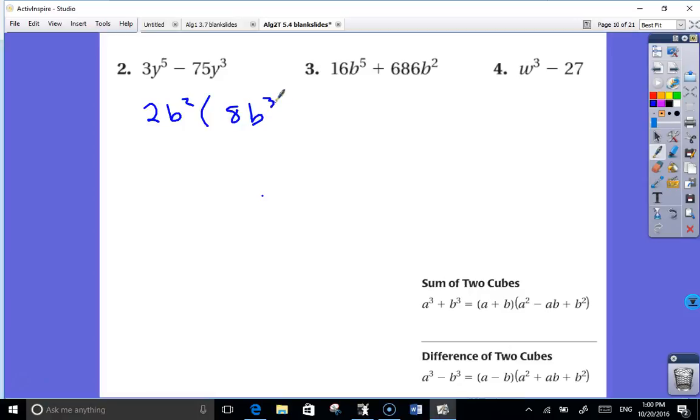And now I know I'm on the right track because 8 is a perfect cube. What number cubed is 8? 2, right? And 686 over 2 is 343. You've got to suspect at this point that it's a perfect cube, and it is. What number cubed equals 343?